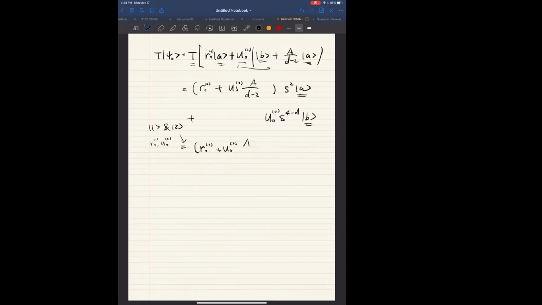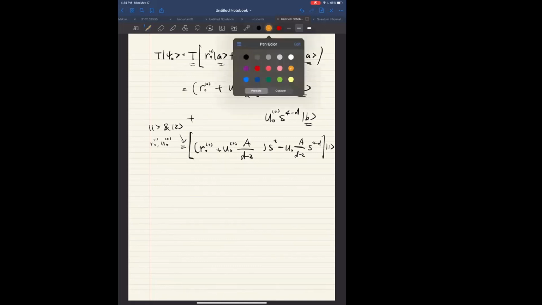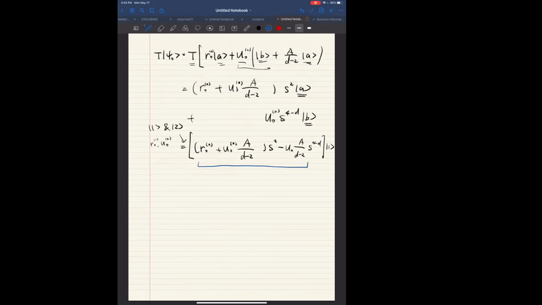So you get this one, S squared minus mu 0. Okay, that's 1. So this will be the new R0,1, and then this will be U0 as 2. So this will be your new U0,1.